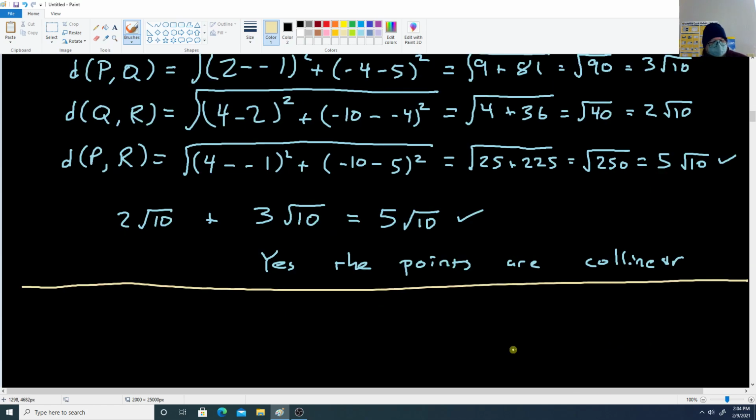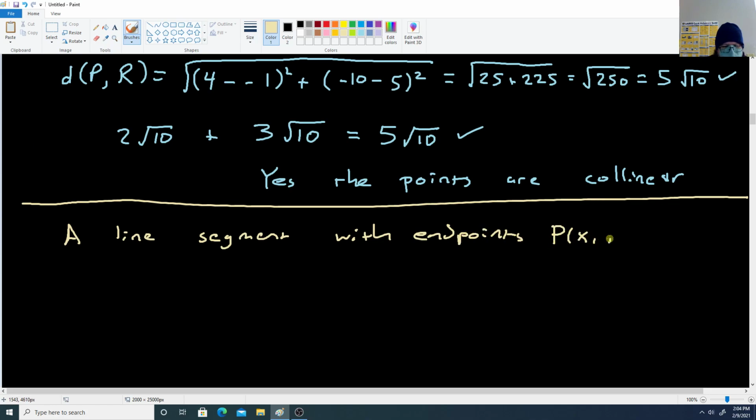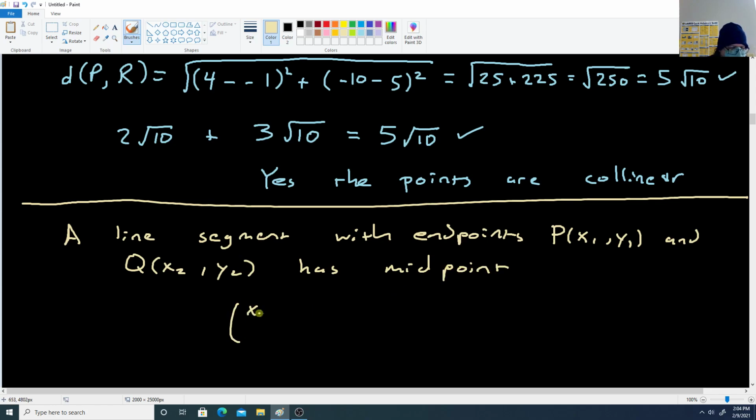So next we get the formula for a midpoint. So we say a line segment with endpoints P of x1, y1 and Q of x2, y2 has midpoint x1 plus x2 divided by 2, y1 plus y2 divided by 2.